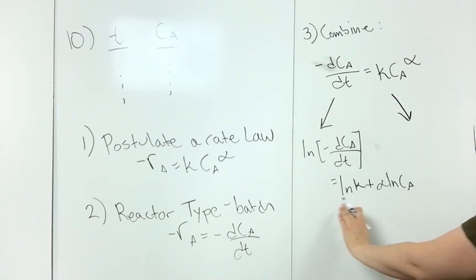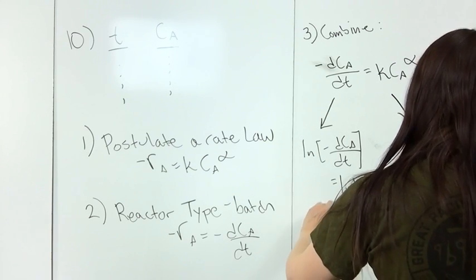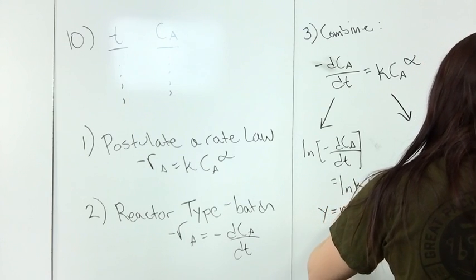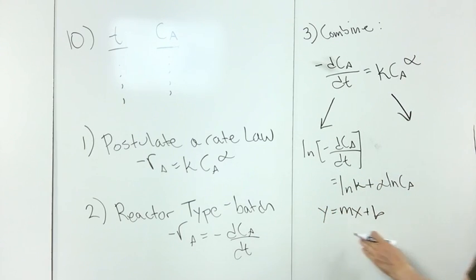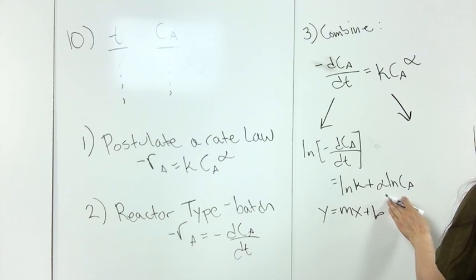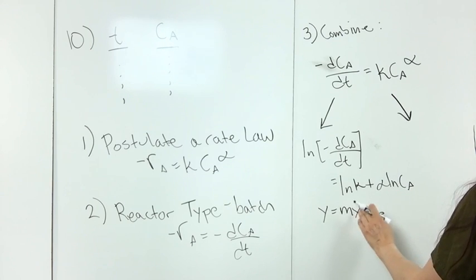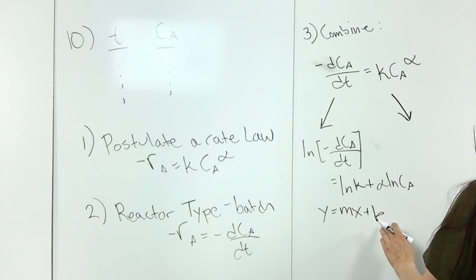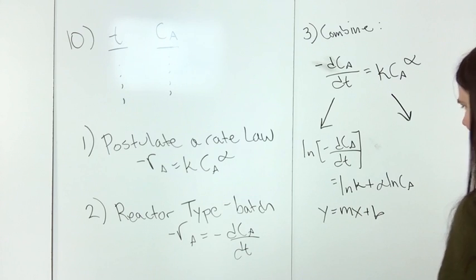By now you should recognize that this is the equation for a line. So alpha would be m, and b is the natural log of K.